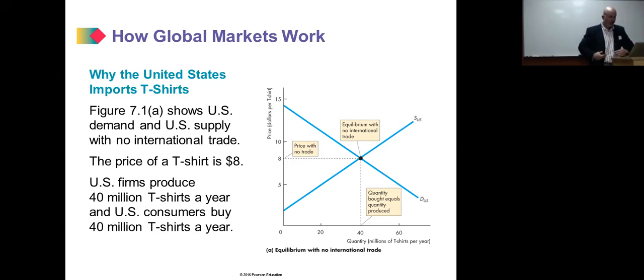So what we see here is that domestically, the price of a t-shirt right now with no trade restrictions is $8. And at $8, 40 million t-shirts will be bought inside the United States.